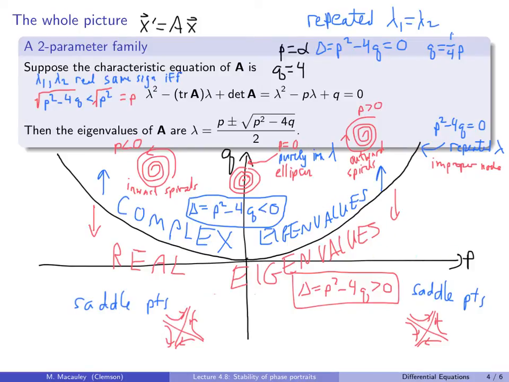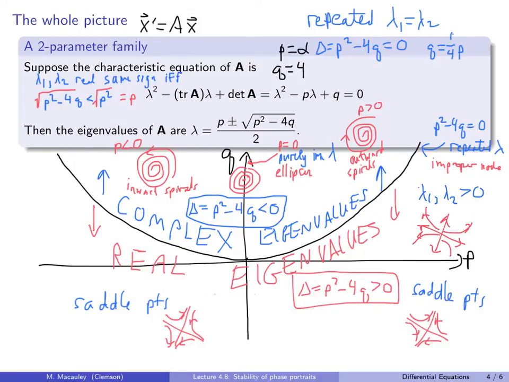So we have a positive number plus or minus something less than p, so we're going to get two eigenvalues, lambda 1 and lambda 2, greater than 0. So we're going to get these nodes. It's going to look something like this. Everything is going to be pointing outward, and then things in the middle are going to bend in one of these directions.